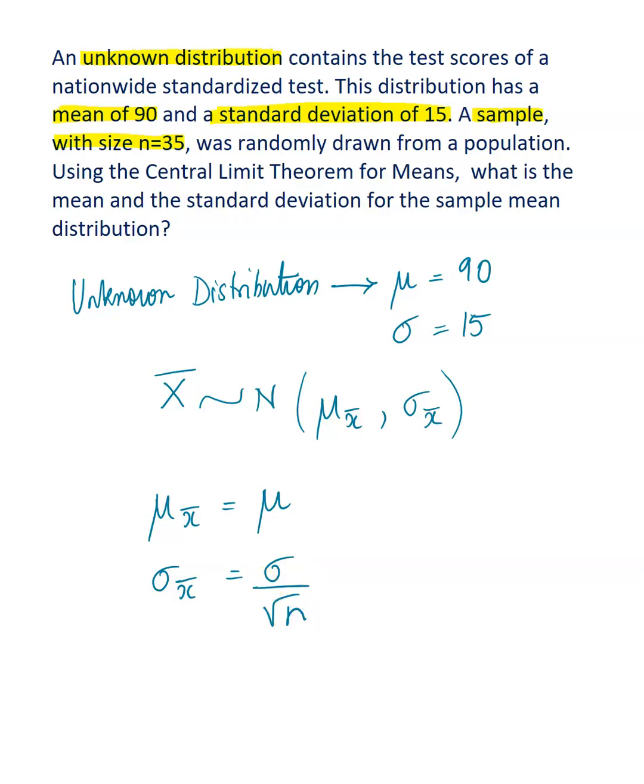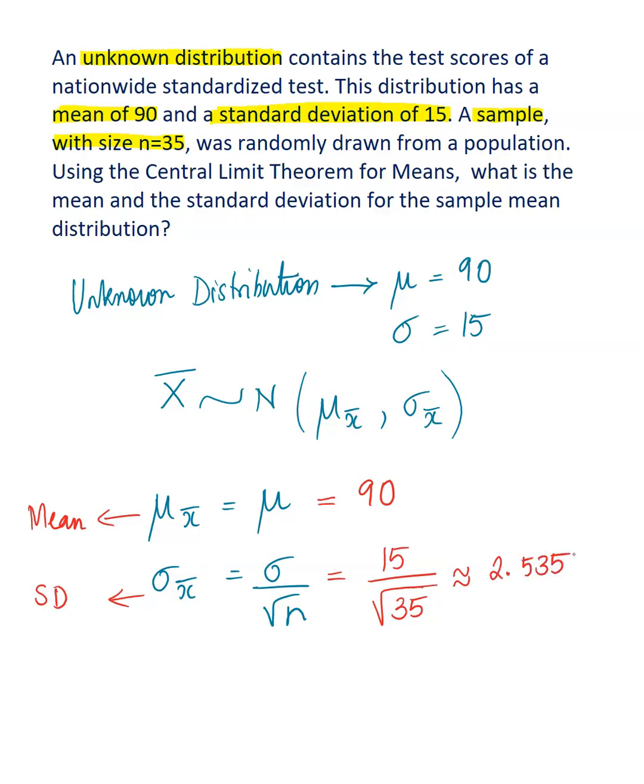So we're just going to use the mean and the standard deviation to help us get the values for the sample mean distribution. We know that the mean is 90, so we have the 90 itself. And for sigma x bar, it's 15 over square root of n. N is 35. So we're going to go ahead and compute this.